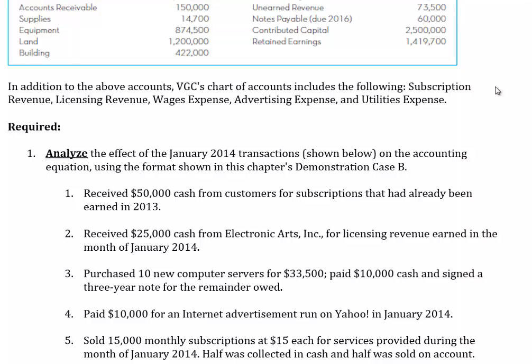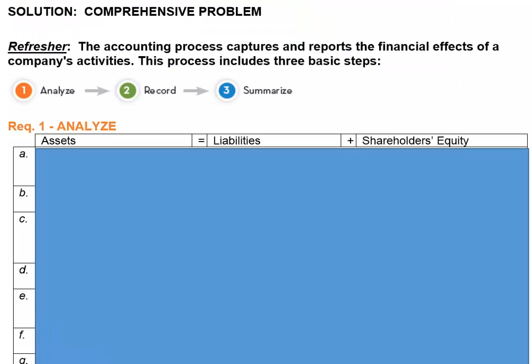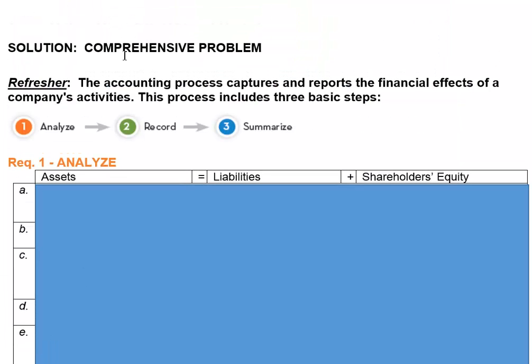Now, you may find it useful to have the question in front of you as we're going through the solution. You can choose to print it if you wish. So now, let's go right to the solution, and you'll notice here that what I've done is I've just given you a little refresher of what we talked about in an earlier chapter, which is the accounting process, which is what we're capturing here.